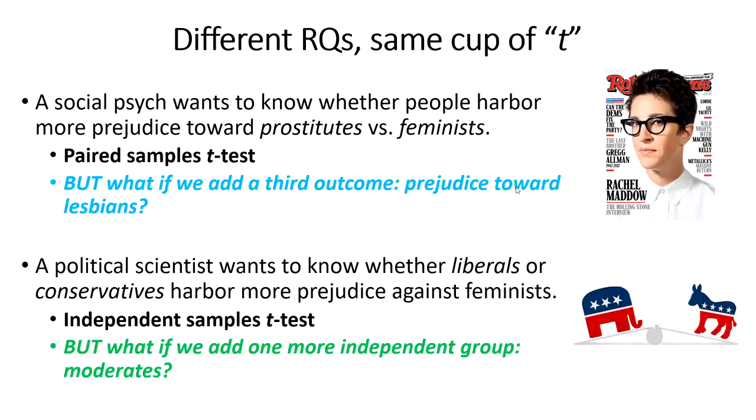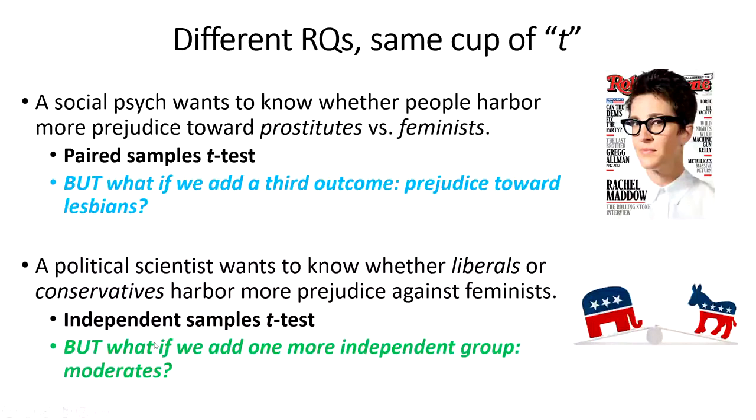And it also makes sense, I should mention, to compare lesbians to prostitutes and feminists because lesbians are predominantly a female group, and they are a socially derogated, socially maligned group. You know, people also probably harbor somewhat negative feelings toward lesbians. So it makes sense there, right?